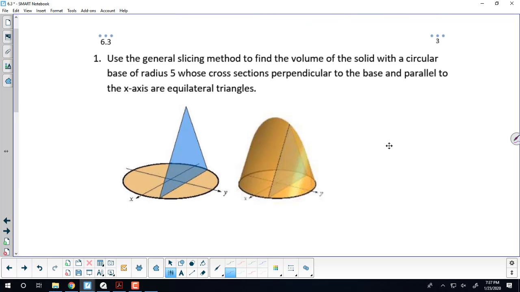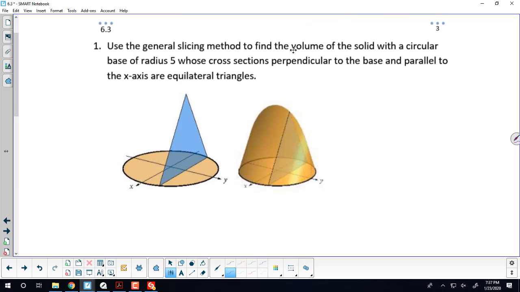So this example we're going to look at says use the slicing method to find the volume of the solid with a circular base of radius 5. So here's our circular base. And it says whose cross-sections that are perpendicular to the base and parallel to the x-axis are equilateral triangles.